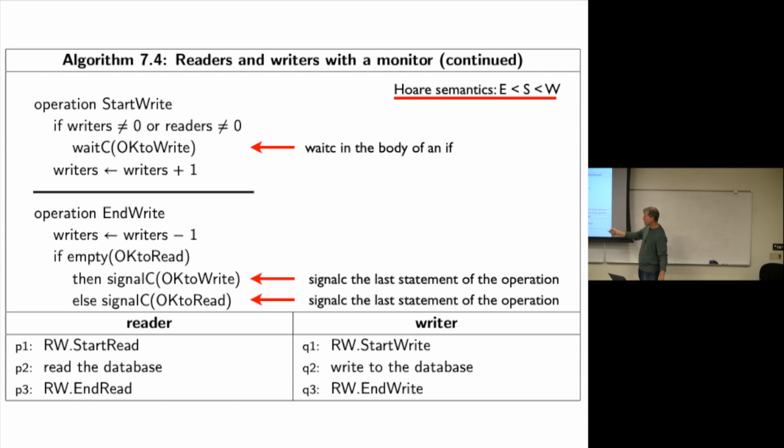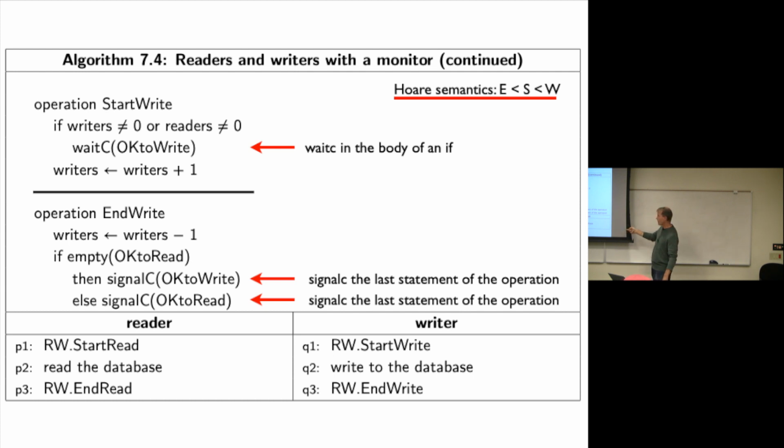The reader executes rw.startRead, then reads the database, and after the reader's finished reading, he executes rw.endRead. So startRead and endRead are monitor methods. And there could be a whole bunch of readers who are doing this.